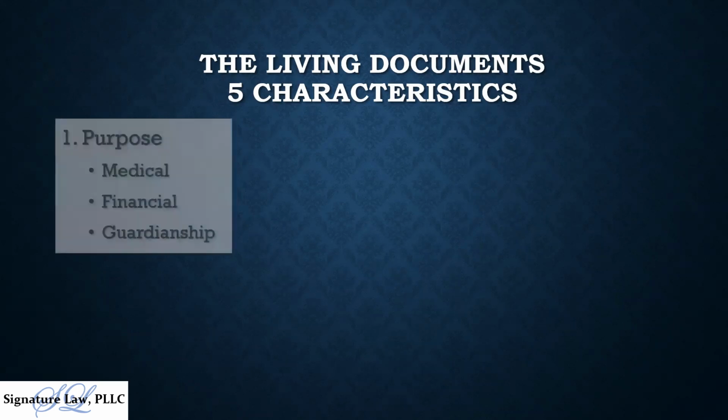The first category is purpose. There are 3 purposes that we care about in estate planning. And by purpose, I mean the type of decision someone can make. There's medical decisions, which would be given under a healthcare directive. There's financial decisions, which are given under a financial power of attorney. And there's guardianship of minor children, which is provided underneath a guardianship directive, or technically they're called a designation of temporary standby custodian.